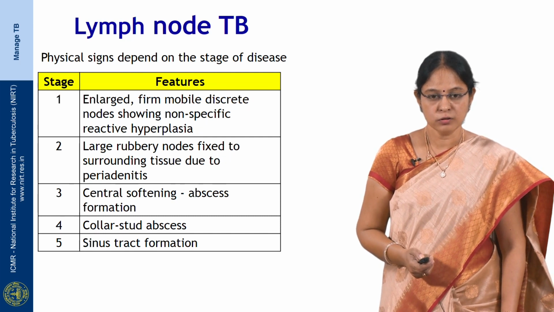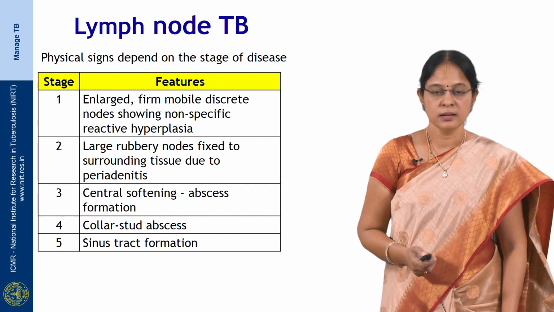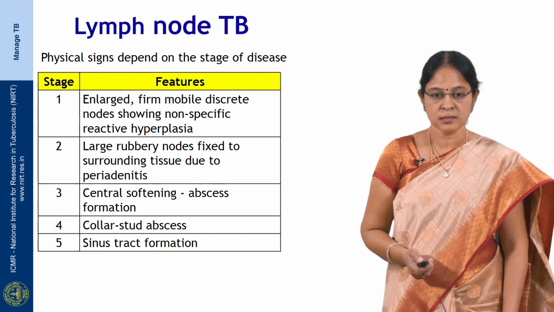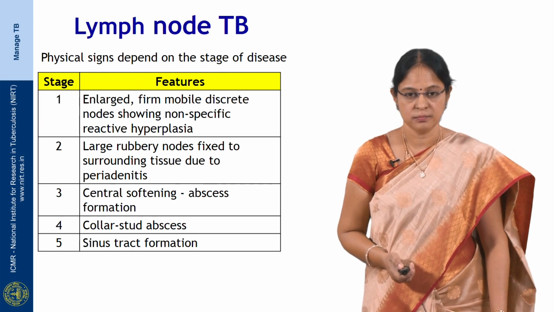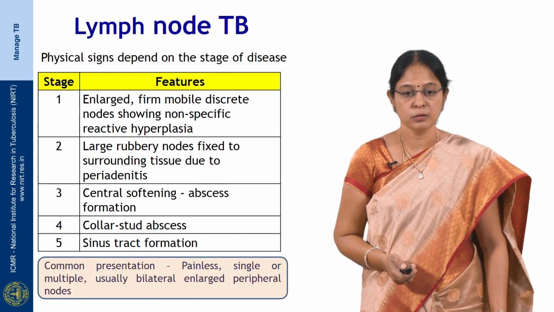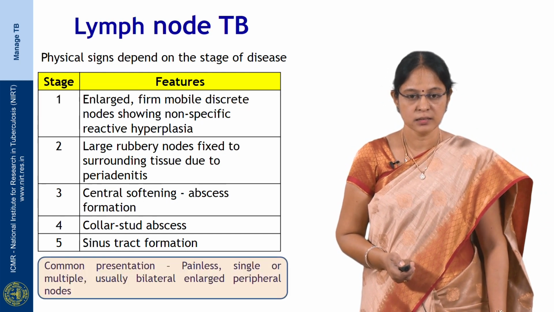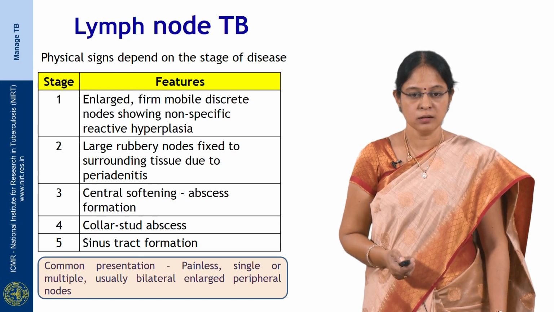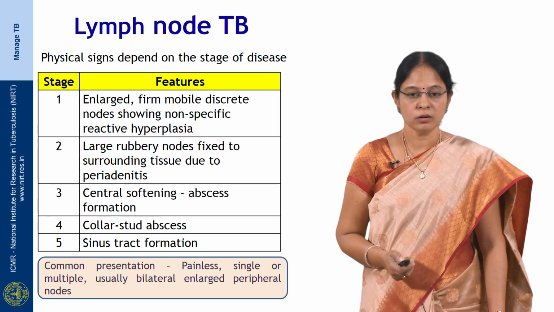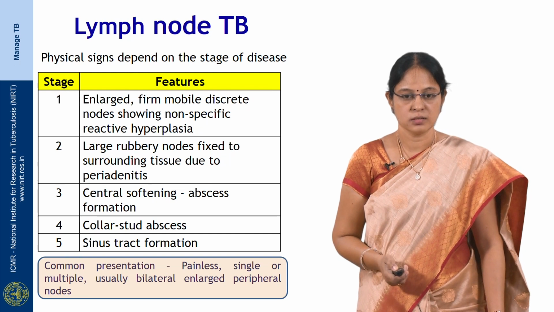Later, the lymph nodes show central softening resulting in abscess formation, proceeding to the cold abscess and sinus tract formation. But the most common presentation in clinical practice includes painless, single or multiple, unilateral or bilateral enlarged peripheral nodes.